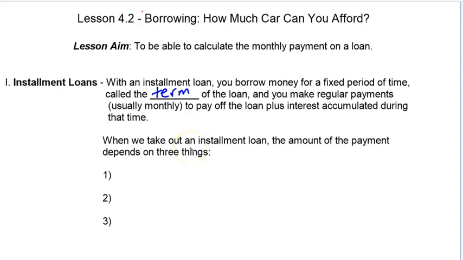So basically, when you take out an installment loan, there are three primary pieces of information that will determine what your payment is and how much interest you'll pay. Number one, it really depends on how much you're borrowing, the amount borrowed, and we call that the principal.